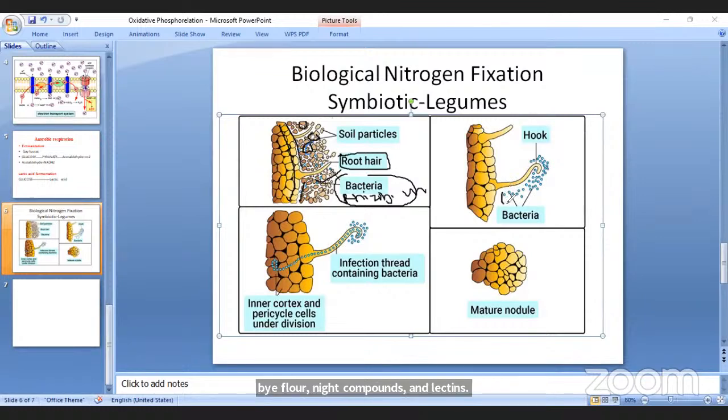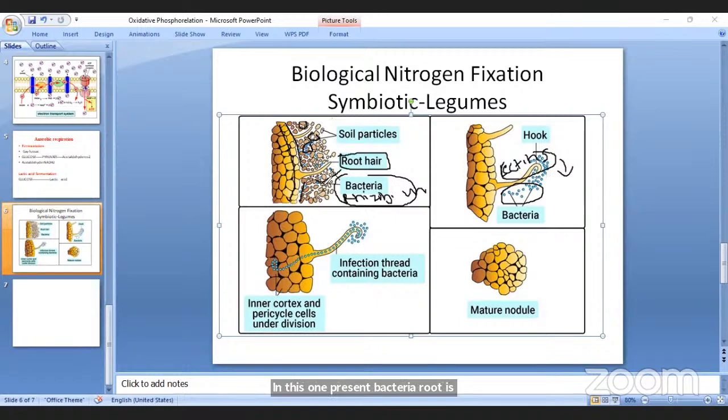After formation of the cluster of Rhizobium bacteria, lectins and flavonoids are produced from the host root. By these chemicals, the bacteria are attracted and aggregated around the root. In response to the bacteria, root hairs curl at their tips.